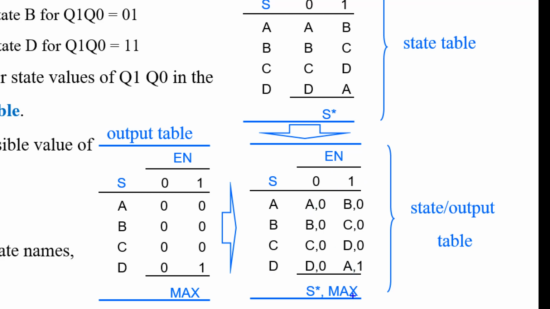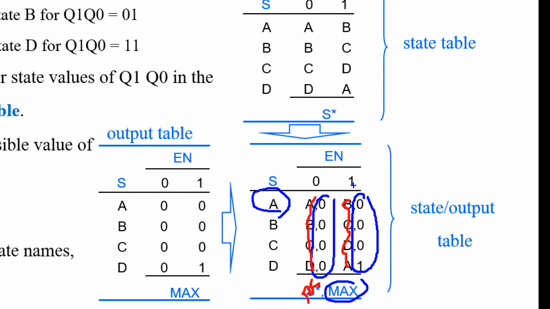And if you want to know the output, you just consider only this column and ignore this one. Ignore the column of next state. Just focus one by one. For example, if you want to know the output at state A when input is 1, the output is 0. If you want to know the output of state B when input is 0, the output is 0.